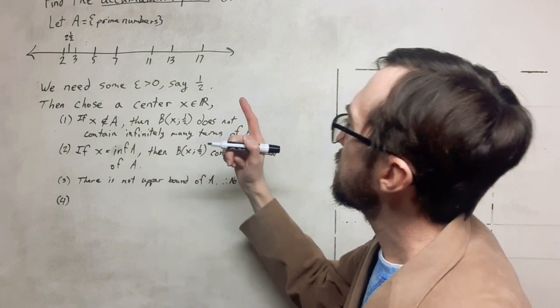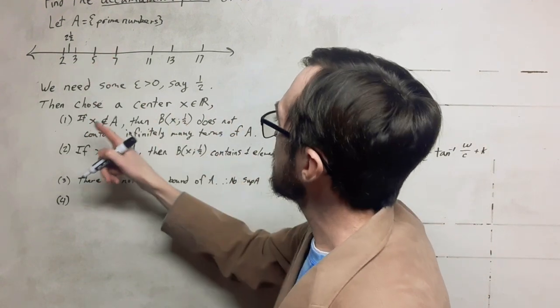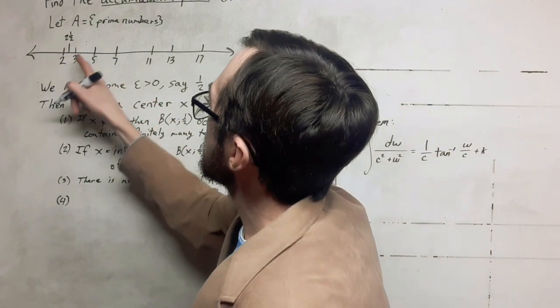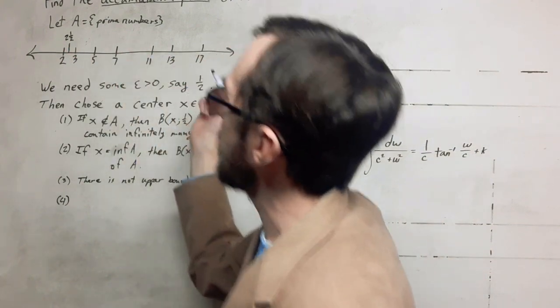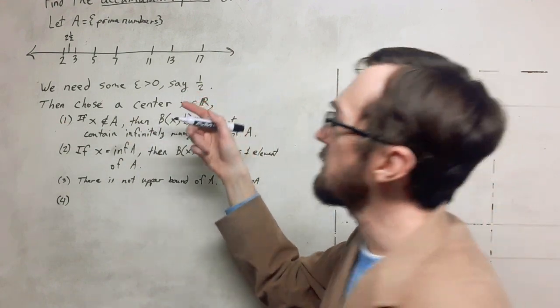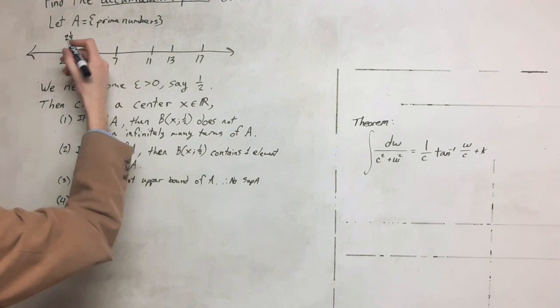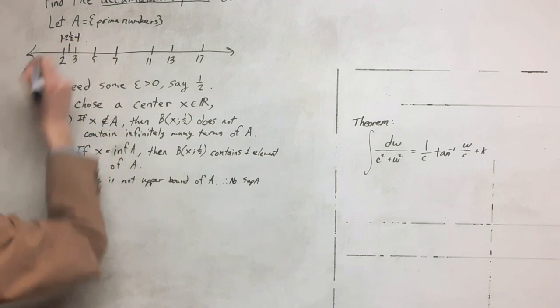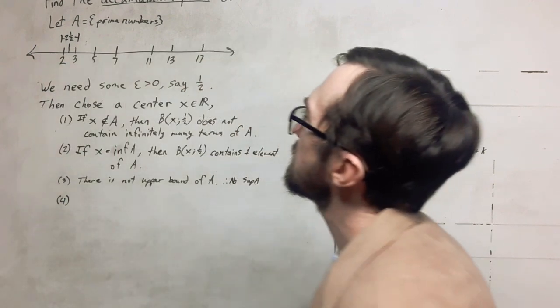So this is a real number that is not a prime number. And the neighborhood around 2.5, so we're going to add 1/2 and subtract 1/2 because that's the epsilon that I've chosen here. If I add a half, that means I'm here at 3, and if I subtract a half, that means I'm here at 2.